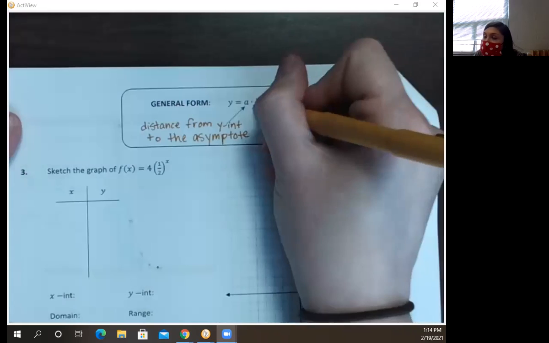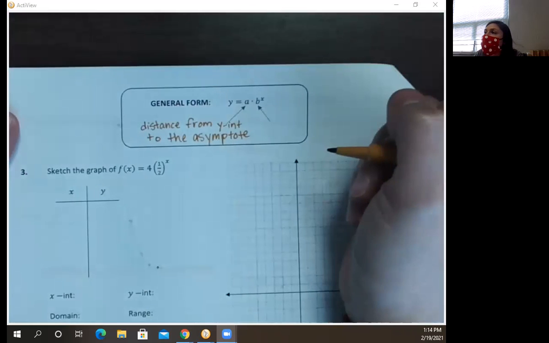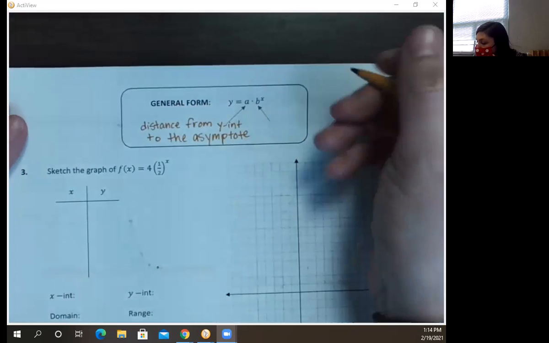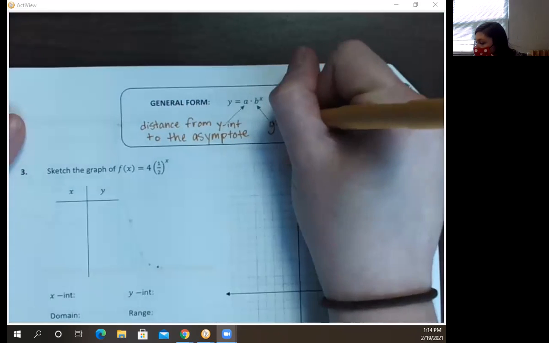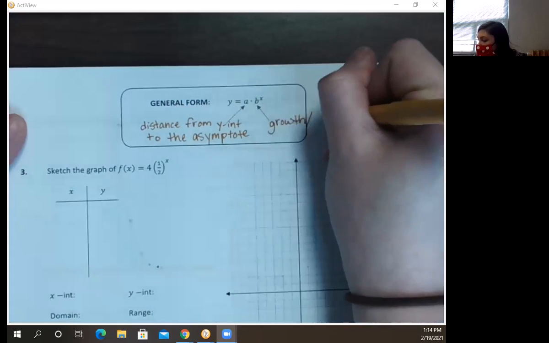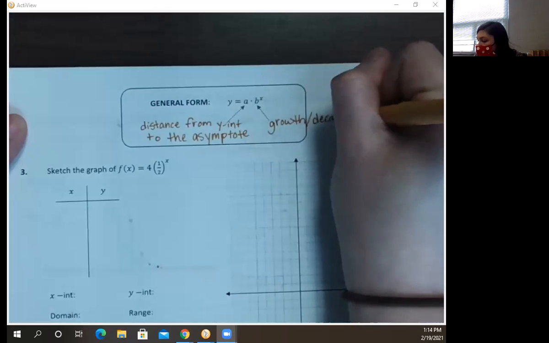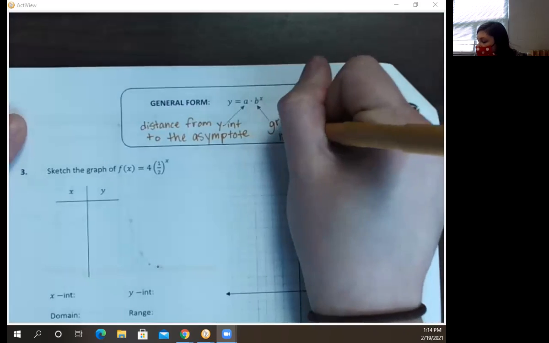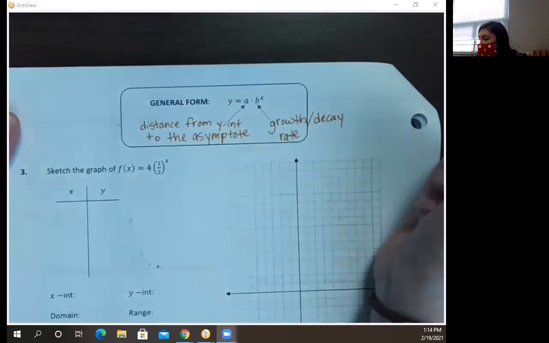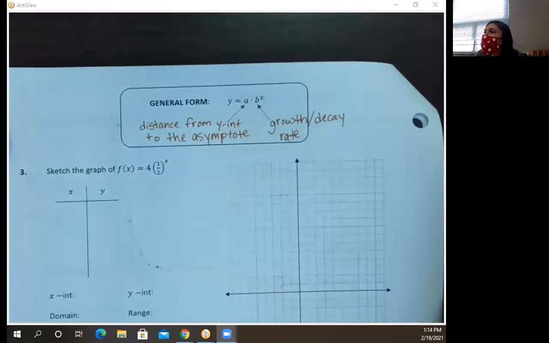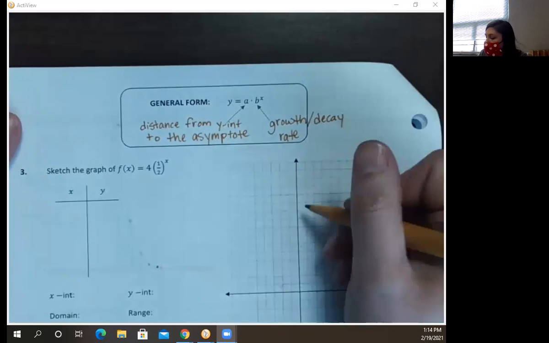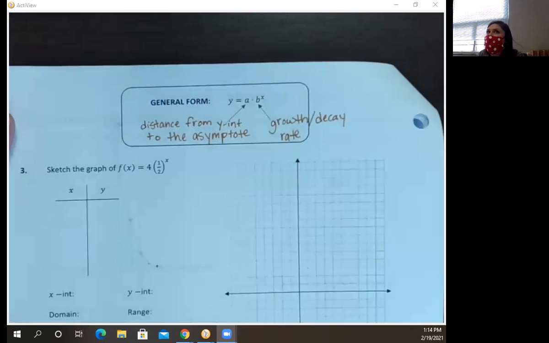And then the base of our exponent is going to tell us how we change for each point. We're going to call that our growth or decay rate or factor. If we're getting bigger, we would call that our growth rate. If our points are going down, we would call that our decay rate. So how are we changing those y values each time?